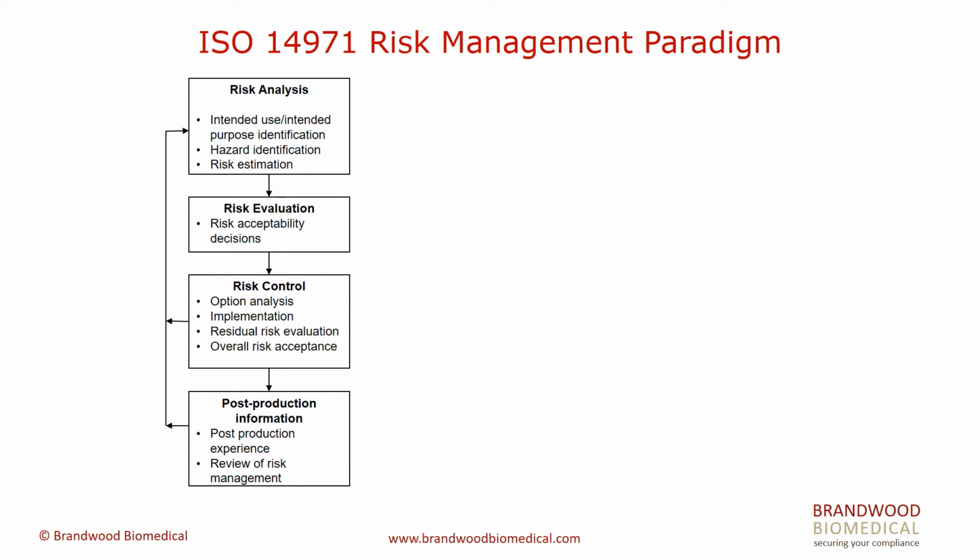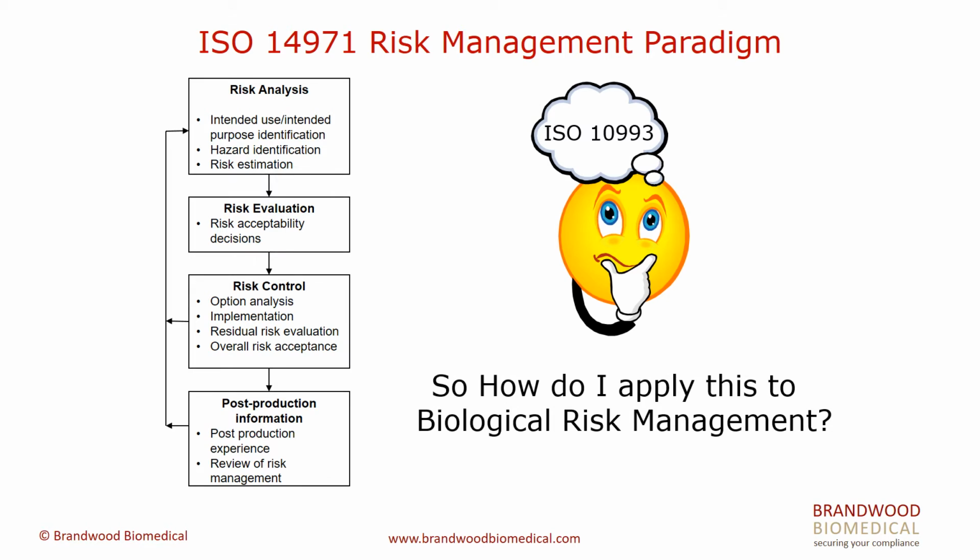It sets out the paradigm for risk management through the whole process of risk analysis, risk evaluation, risk control, and then learning from post-production information. The question is, how do we apply this to biological risk management? And what I'm going to do in the rest of this webinar is to set out how ISO 10993 and the processes contained in that body of standards map to this risk management framework.